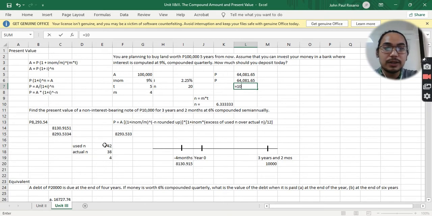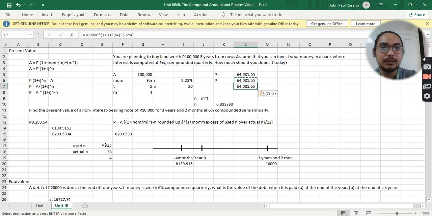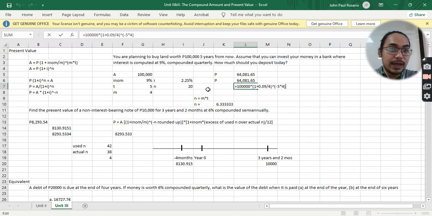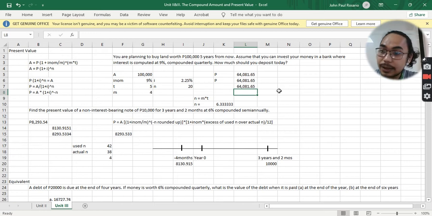So that's the compound amount of 100,000, and then we multiply that by 1 plus our i, which is 0.09 over our m, which is 4, and we raise that to negative t, which is 5, multiplied by 4, which is our m. That should give you the same amount. Again, it was solved as A, or compound amount, multiplied by 1 plus our i(nom) over m, raised to negative t times m. Okay, so with that, let's see here.